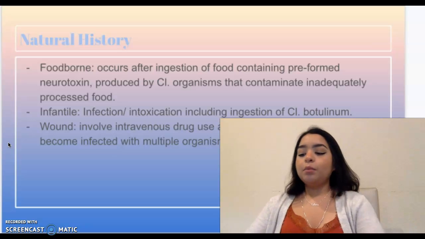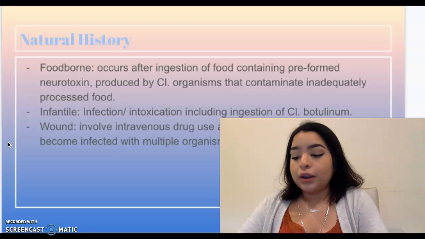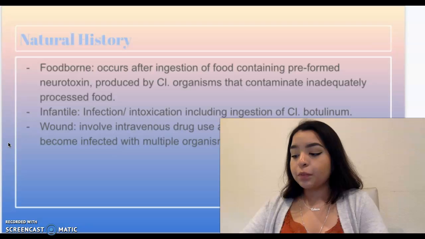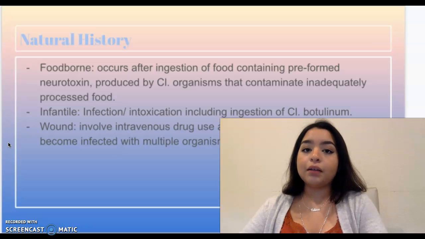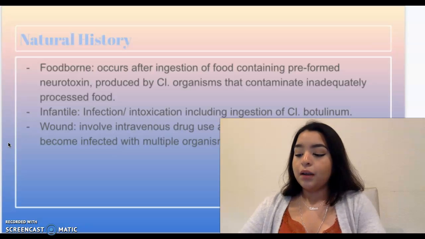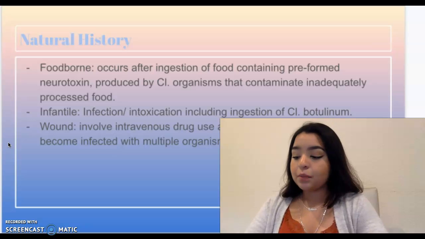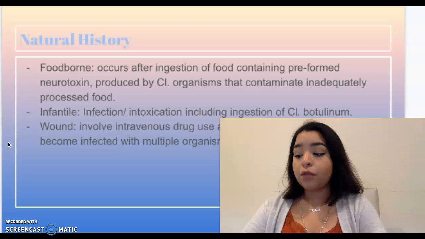With wound botulism, samples must be taken and sent to a reference lab to properly diagnose botulism. Appropriate samples are taken from blood and gastric contents, including vomit, stool, or enema.